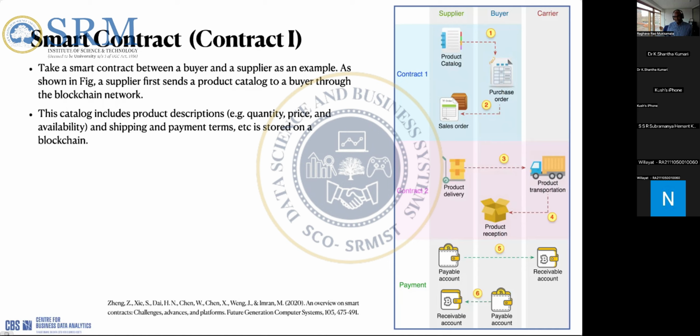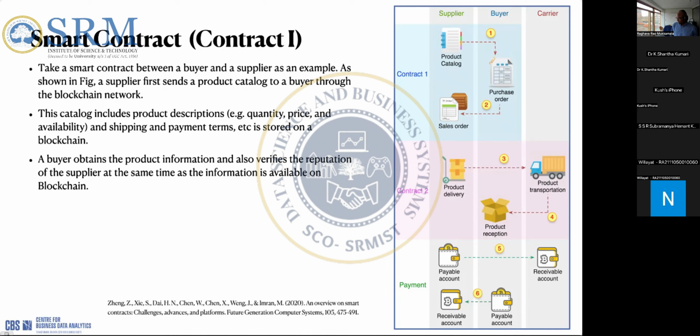This is similar to what we see on Amazon. For example, a cloth manufacturer selling T-shirts on Amazon will put all this information, the price, quantity and so on.